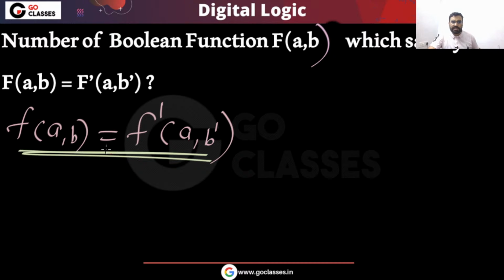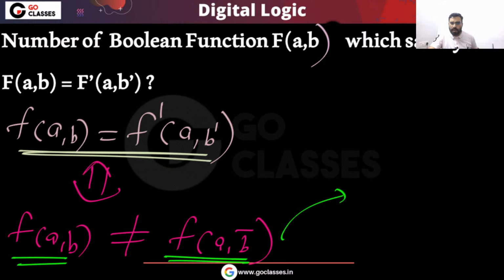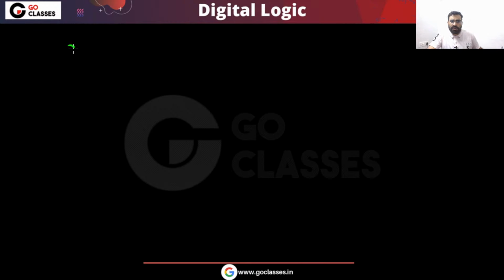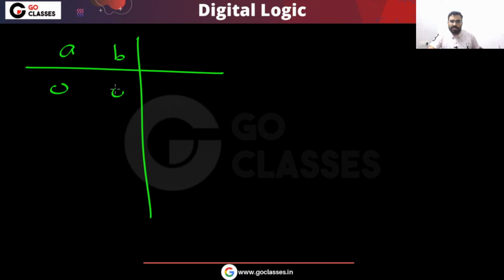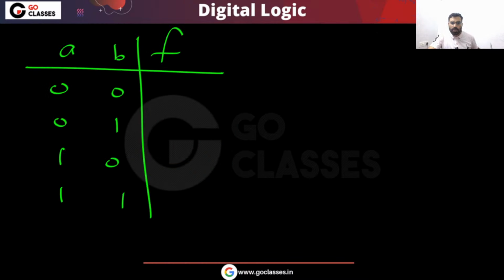So this is the question: this type of function, 00, 01, 10, 11, such that f(a,b) is different from f(a, b bar). Means these two must be different, and these two must be different.